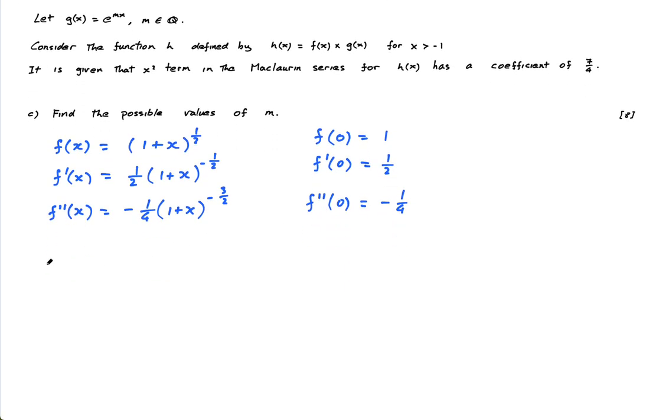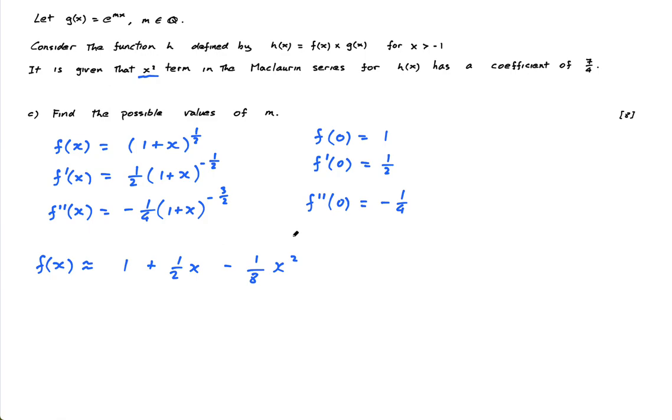Therefore, the Maclaurin series for f of x is, and I'm going to put approximately equal to, because I'm only going to put the first three terms. The reason being because we only care about the x squared term. So it's approximately equal to f of 0, which is 1, plus f dash of 0 times x, so plus a half x, plus f dash dash of 0, so that's minus a quarter over 2 factorial, which is minus 1 over 8, because I have to divide by 2 factorial, x squared.